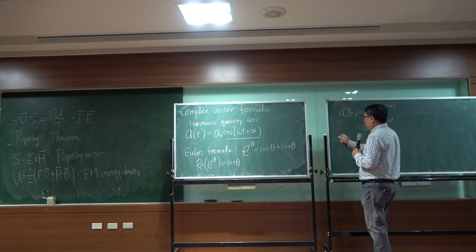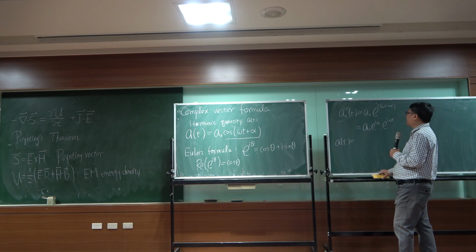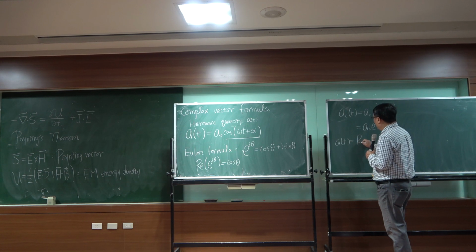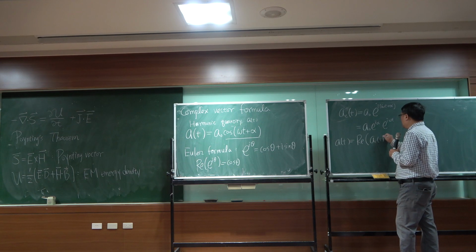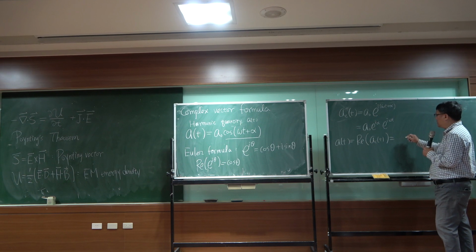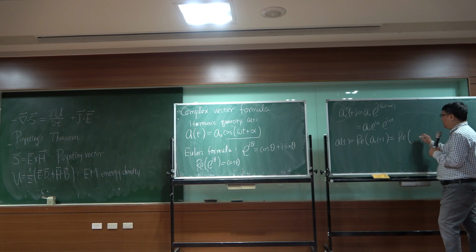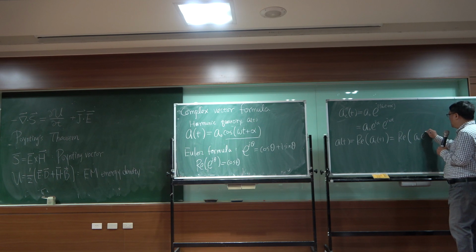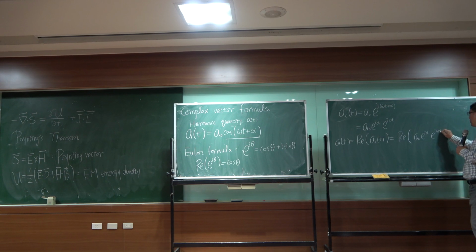So the original A(t) can be written as the real part of AC of t, which is equal to the real part of A0 e to the I alpha e to the I omega t.